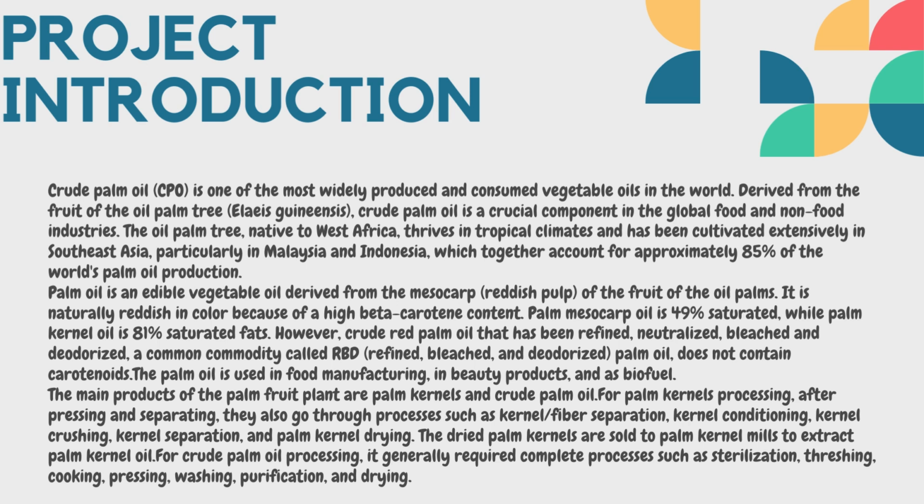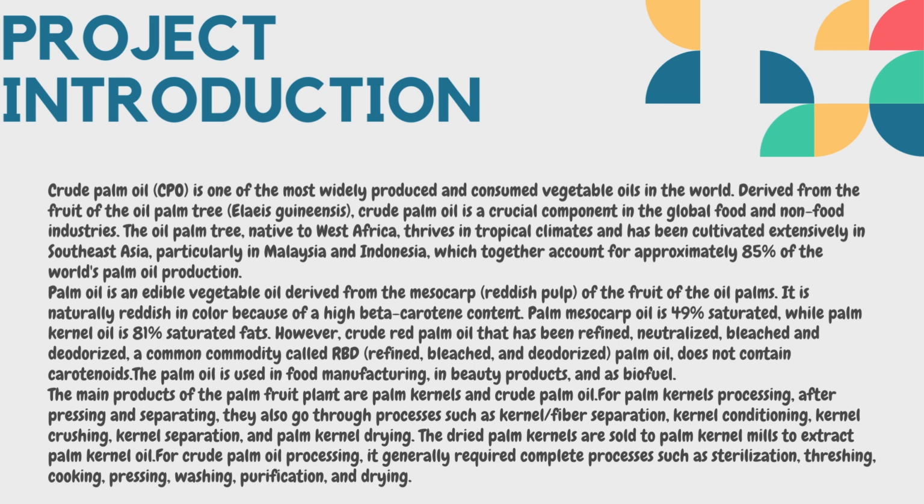Palm oil is an edible vegetable oil derived from the mesocarp of the fruit of the oil palm. It is naturally reddish in color because of the high beta carotene content. Palm mesocarp oil is 49% saturated, while palm kernel oil is 81% saturated fats.